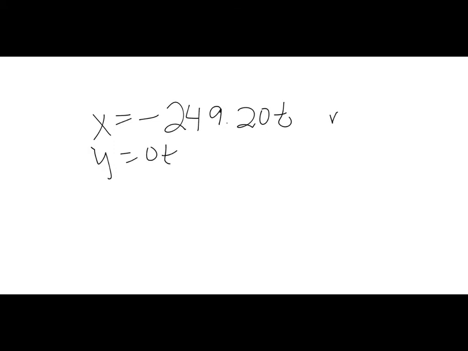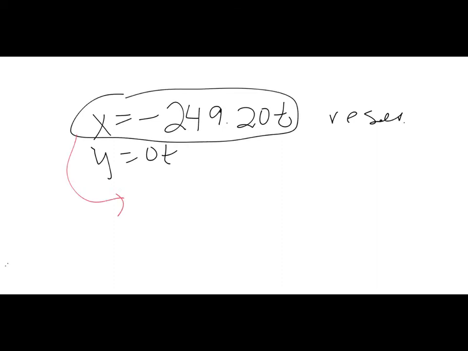Okay, on the last screen, we got that our vectors were x equals negative 249.20 t and y equals 0 t. Okay, this is my resultant. So this here is just a modification of distance equals rate times time. 249.20 t.